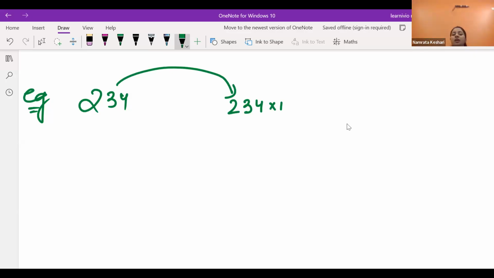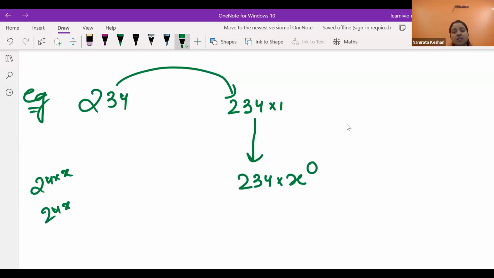Yeah. Okay. Now this 234 into 1 can be taken as 234 into 1 means, can I write x to the power 0? Yes, ma'am. And in your previous class, you must have learned that 24 into x and 24x is the same thing, right? Yeah.